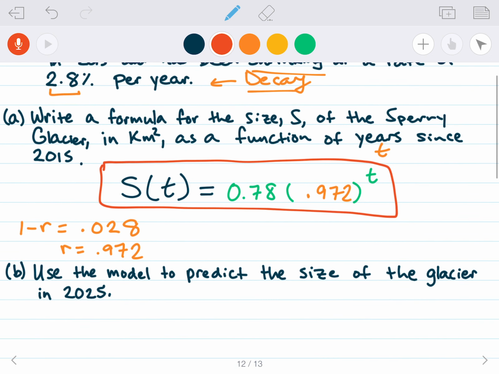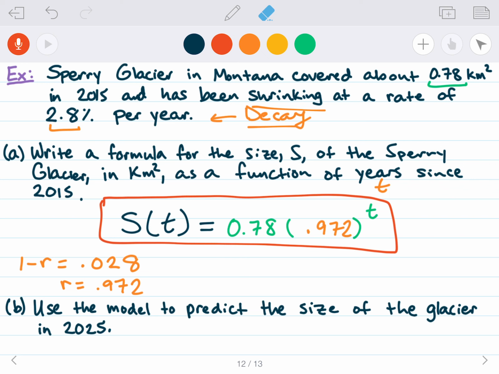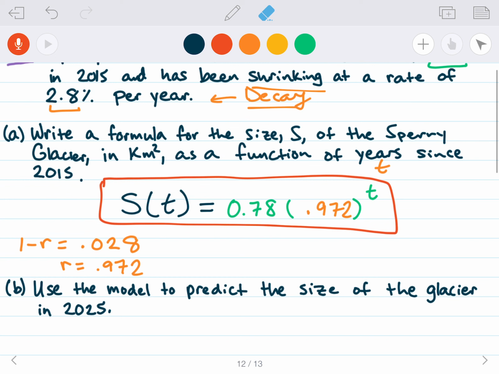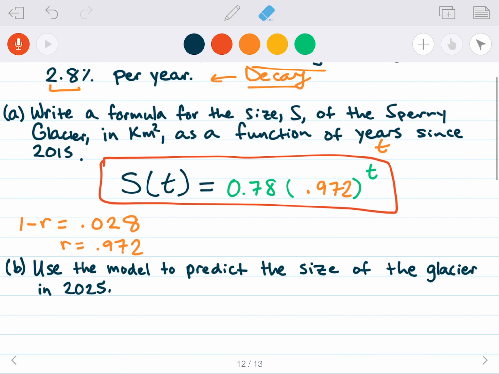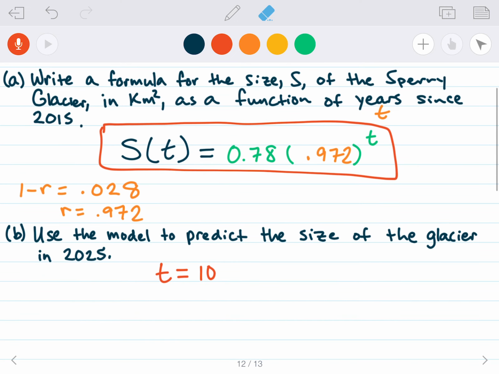Okay, so use the model to predict the size of the glacier in 2025. Well, remember, our starting value happens at 2015. So how much time passes between 2015 and 2025? 10 years, right? So t is going to equal 10. And so we need to figure out what is s of 10.